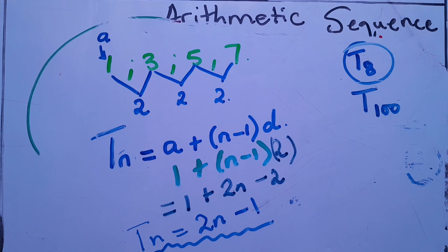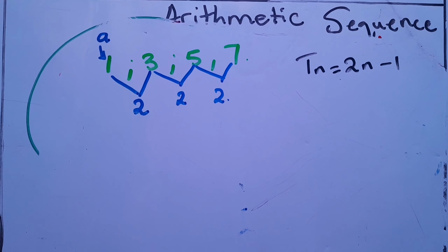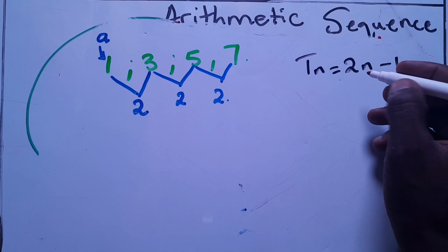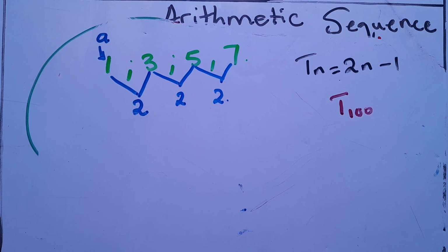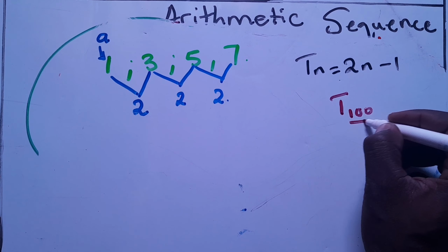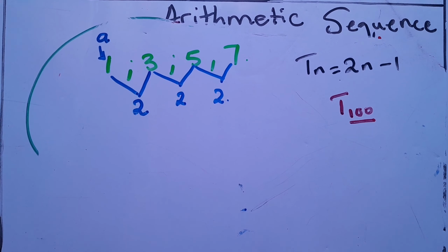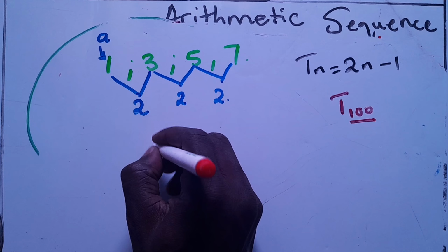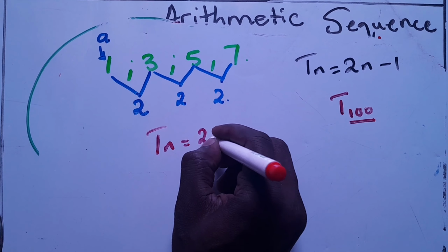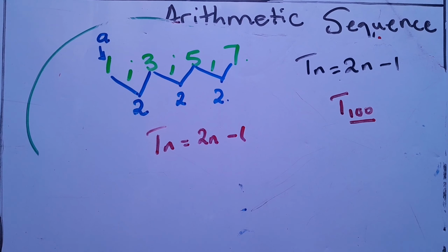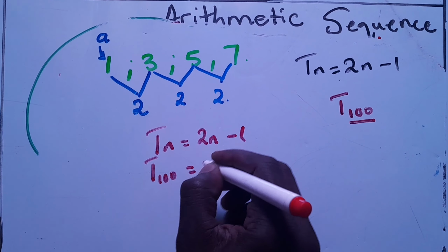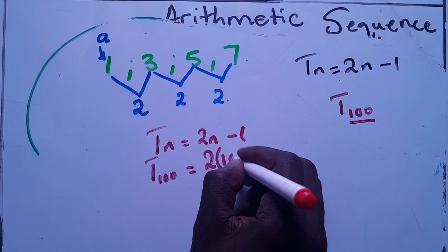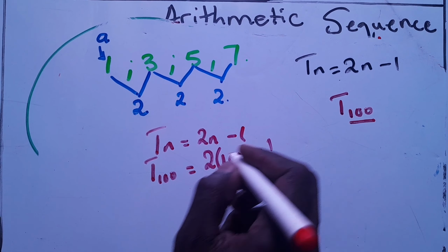So let's see. Just like that question, I said, what is the value of term number 100? So now we are solving for term number 100. What can we do? We can take our formula, Tn is equal to 2n minus 1. Where there's n, we substitute 100. So term number 100 becomes 2 times 100 minus 1.